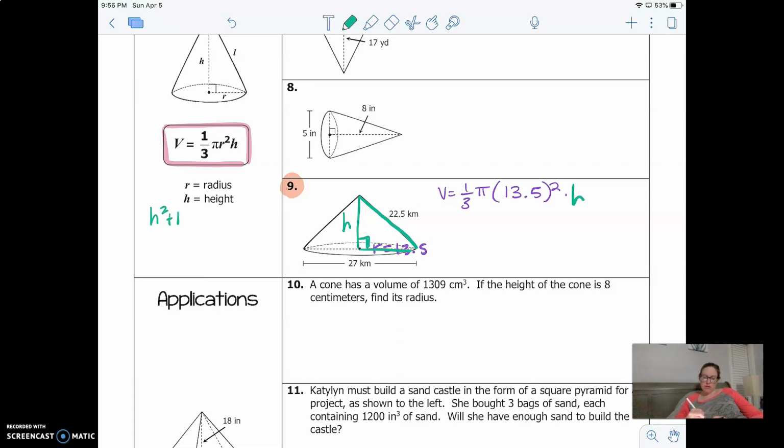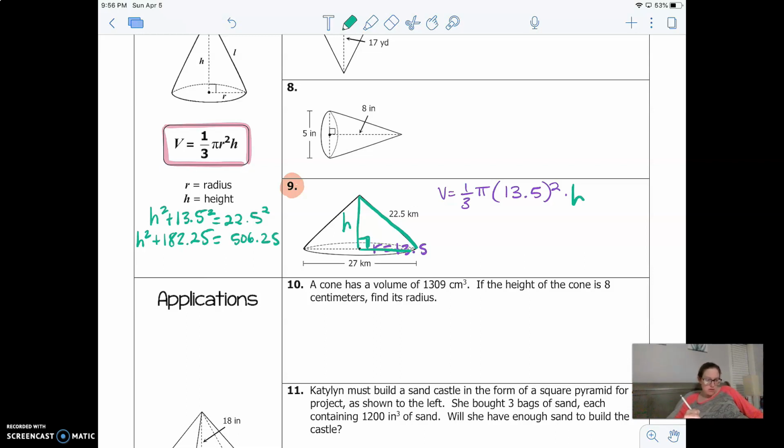h squared plus 13.5 squared equals 22.5 squared. So that's going to be h squared plus 182.25 equals 506.25, since 22.5 squared is 506.25.